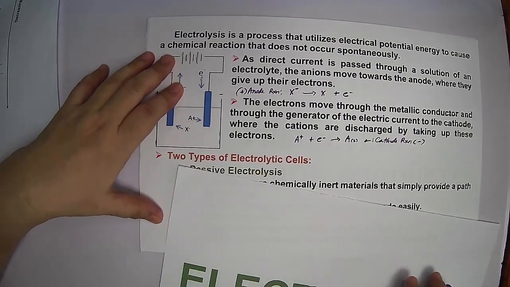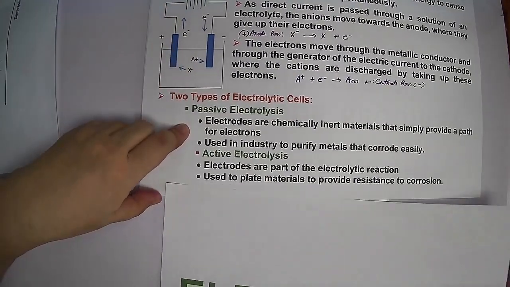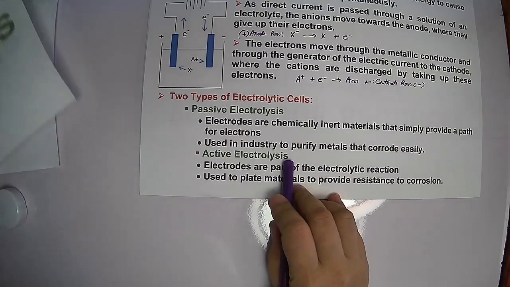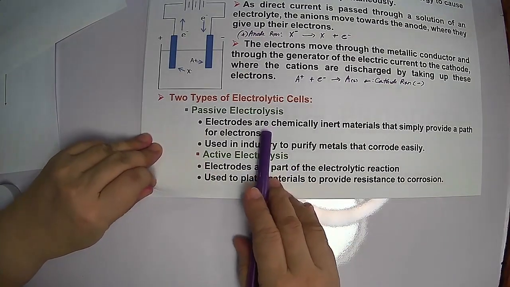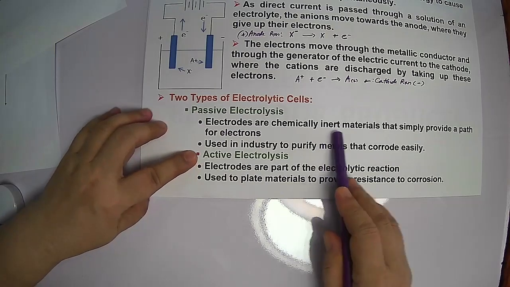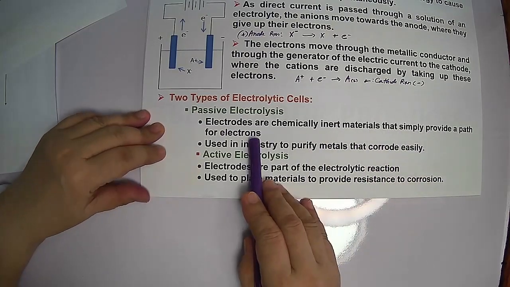We have two types of electrolytic cell. We have a passive electrolysis and an active electrolysis. In a passive electrolysis, the electrodes are chemically inert, where they simply provide a path for electrons.